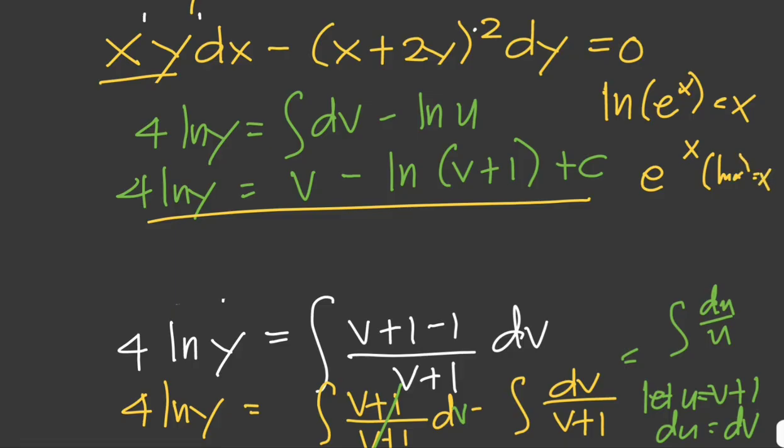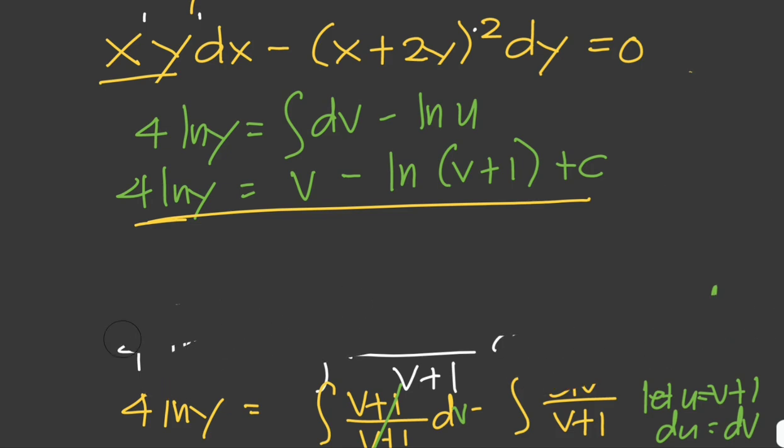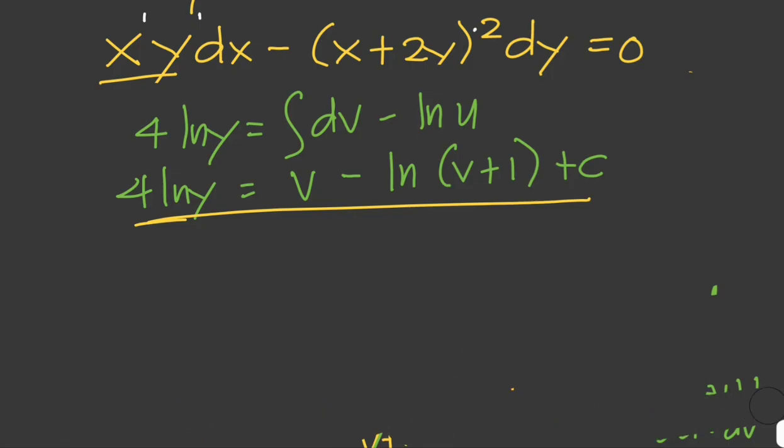So that means if you have an expression with e, then you can use ln to undo it, and vice versa. So we have here an expression with natural logarithm, then we can use the exponential function to undo this. All right, let's do that. We can write this as e to the 4 ln of y.